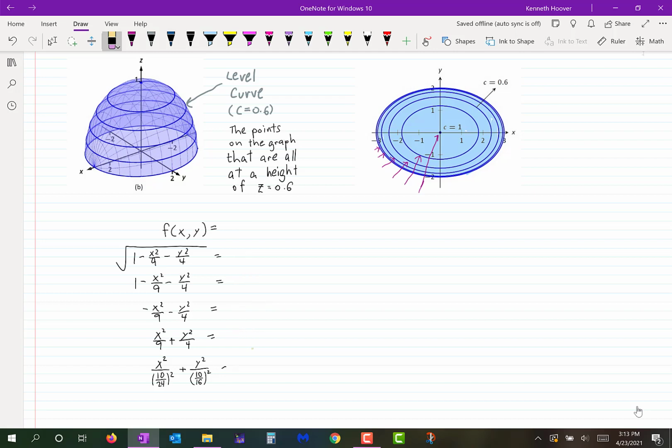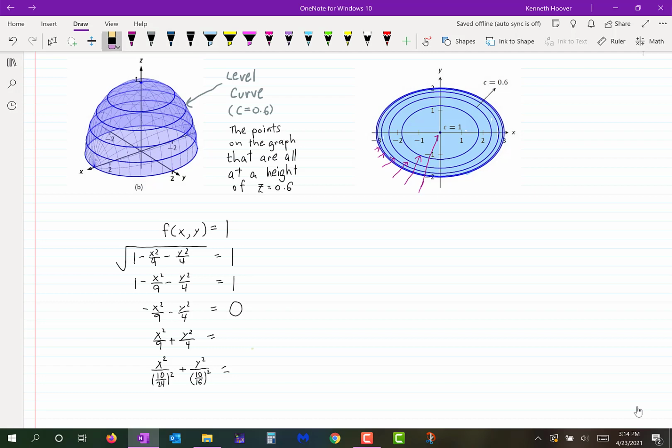I'm going to write f of xy equals 1. So the square root of 1 minus x squared over 9 minus y squared over 4 would equal 1. So 1 minus x squared over 9 minus y squared over 4 would equal 1, which means negative x squared over 9 minus y squared over 4 would equal 0.